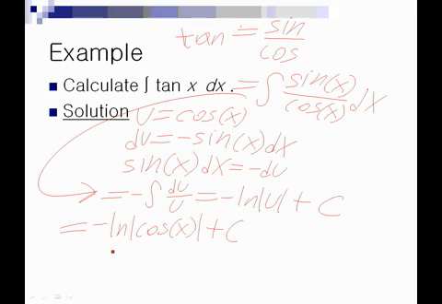Some people don't like the negative sign, so they use the power property of logarithms and write this as the inverse of the cosine, which is the same thing as the secant. So you can rewrite this as an actual logarithm of the absolute value of the secant of x plus some arbitrary constant. Okay? So far, so good? Okay, great.